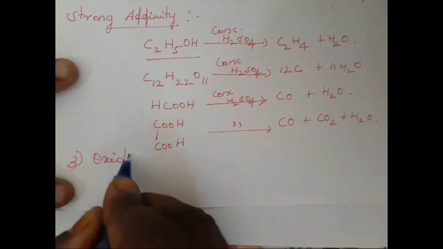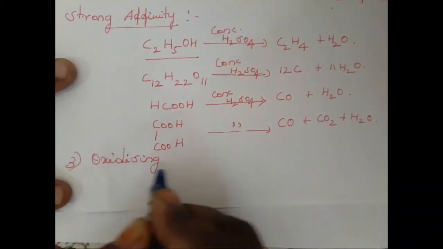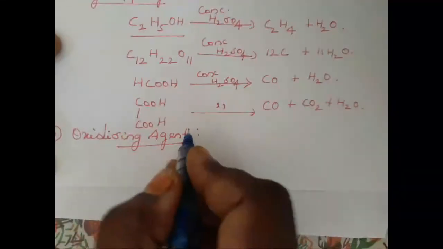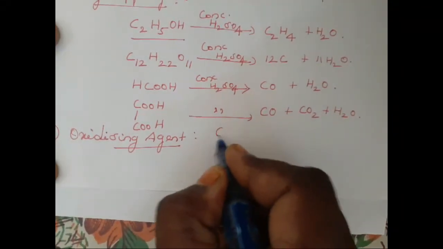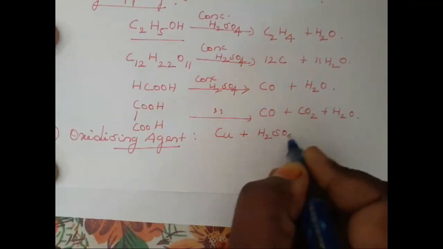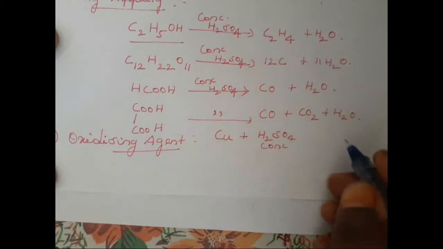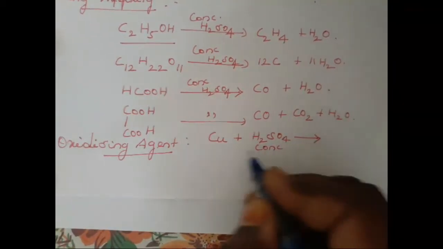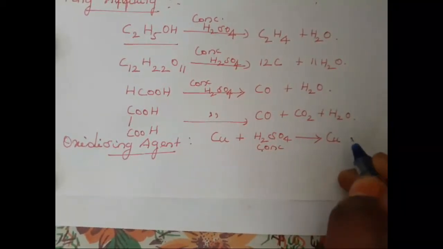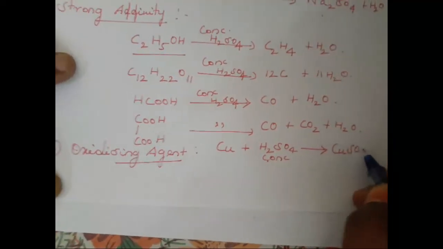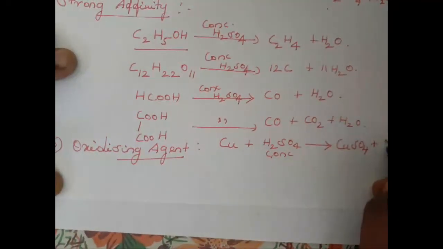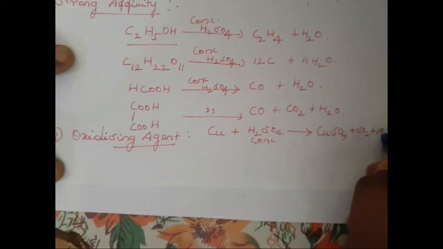Concentrated sulfuric acid is a very good oxidizing agent. Let us see some reactions to witness this. Copper, when it is treated with concentrated sulfuric acid, here concentrated sulfuric acid acts as an oxidizing agent, producing sulfur dioxide and water.